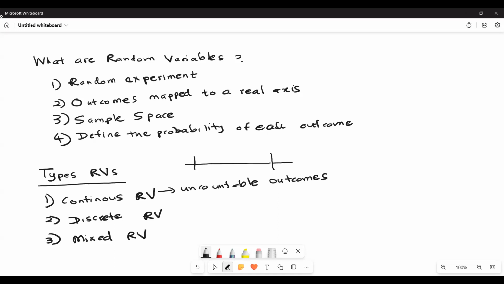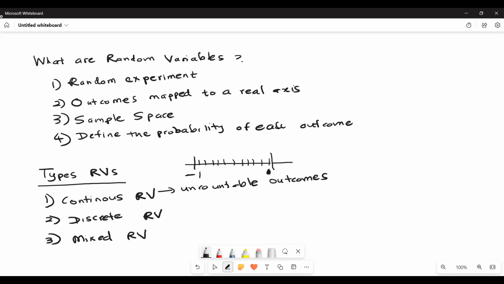If the outcomes from that random experiment can be mapped to -1 and 1, and the random variable is a continuous random variable, then all the intermediate locations in this range will also be outcomes of that experiment.